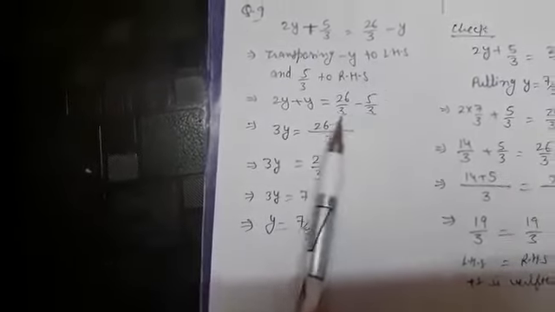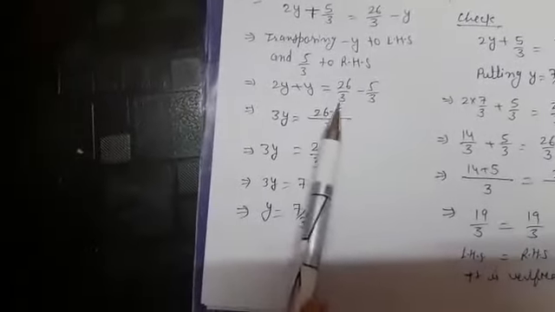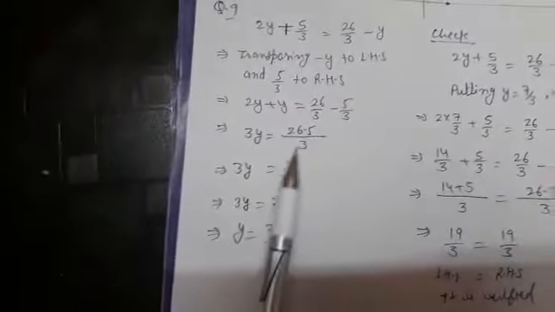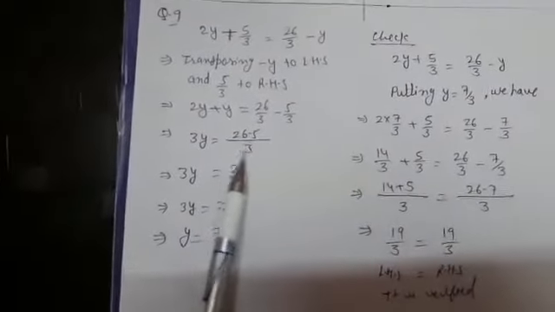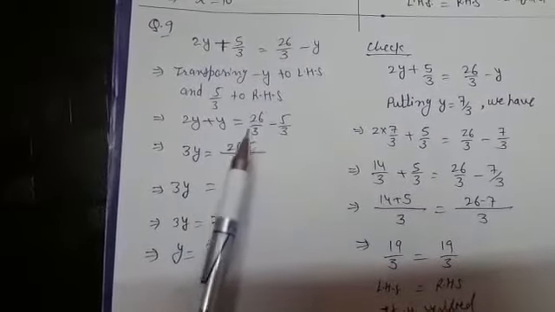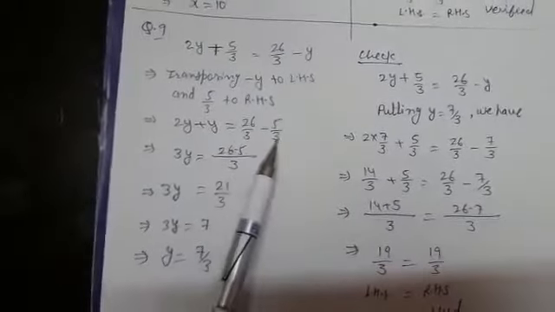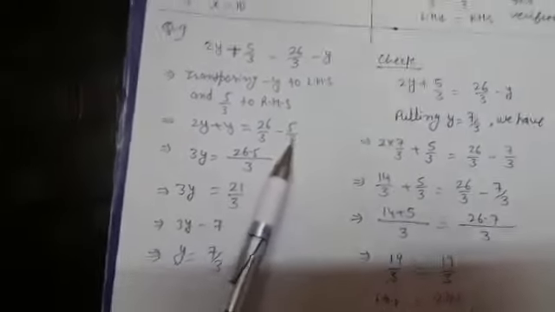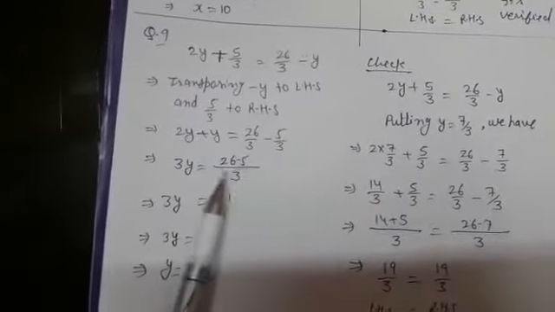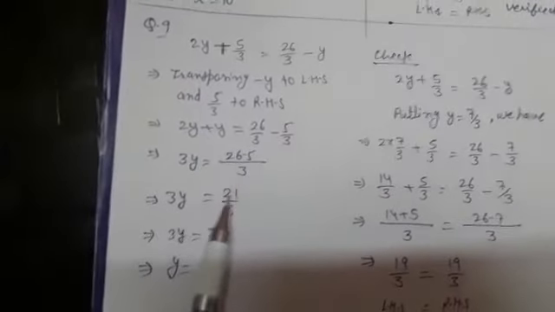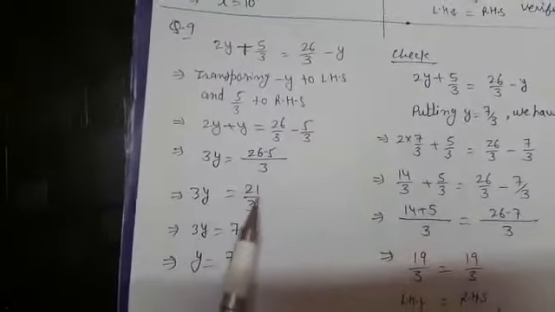Now we are taking LCM of right side, 3 and 3, we are taking LCM, it is also 3. LCM divided by 3 is 1, multiplied by 26, minus LCM divided by 3 is 1, multiplied by 5. 26 minus 5 is 21 upon 3. Now it becomes 7 in right side, and in left side 2y plus y is 3y. 3 is here in multiply, 3 goes that side in division.